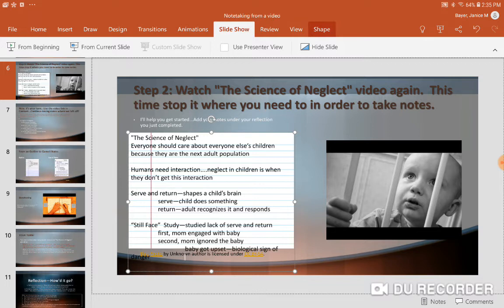The second thing we learned is what happens if that's constant, right? If the baby is neglected all the time, then the baby's brain doesn't develop, right?